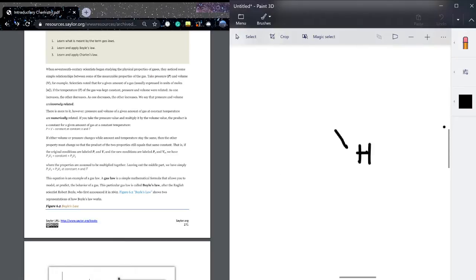And it can be explained using KMT, what we just talked about.